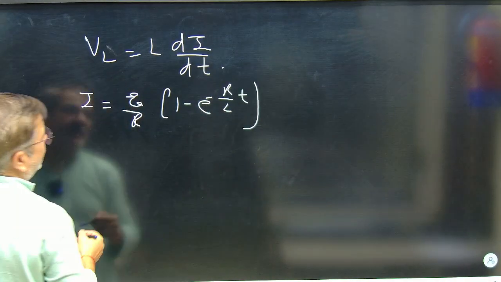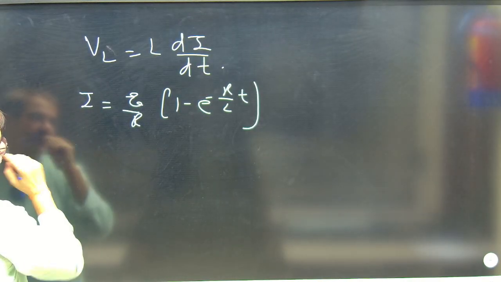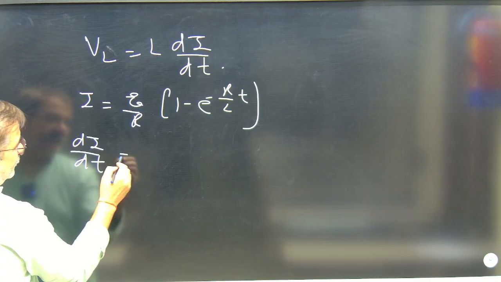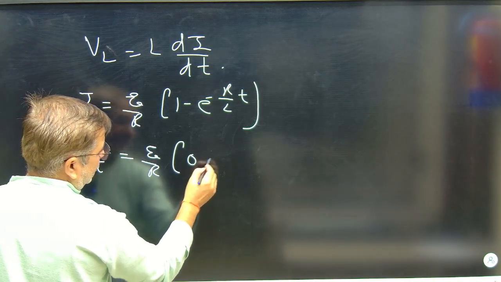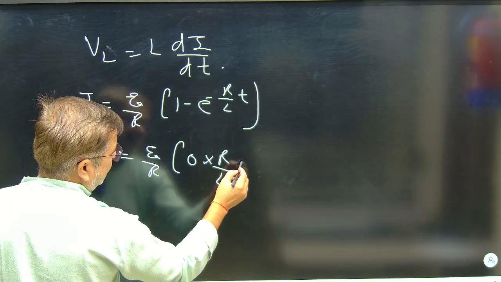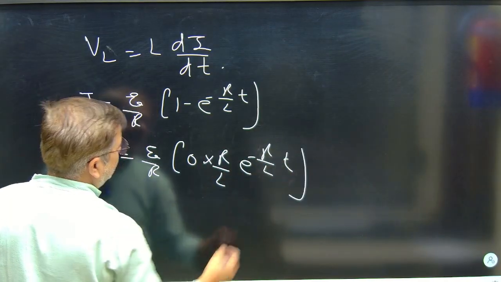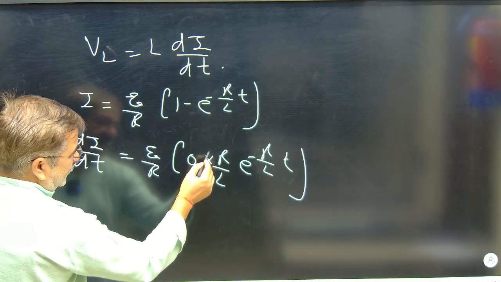Here we will do it again. Loop rules I have done, but if I do it with the mathematics also, I will say, so just see the di by dt expression. What will I get? di by dt is E by R times, this becomes 0, it is R by L times e to the power minus R by L into t. And this term will be minus, and one more minus, so what happened? This became plus.